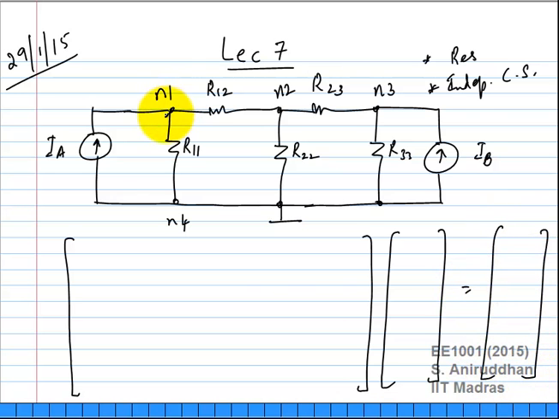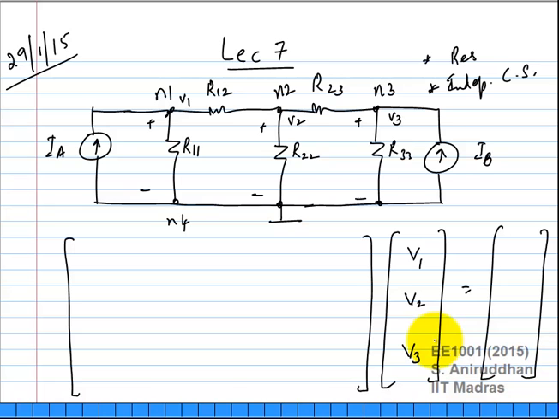So first of all, the variables are V1, V2 and V3. Okay. So in other words, these are the voltages of nodes 1, 2 and 3 with respect to the reference node, which is N4. So the variable vector would be V1, V2, V3. Okay. What did we have on the right hand side?